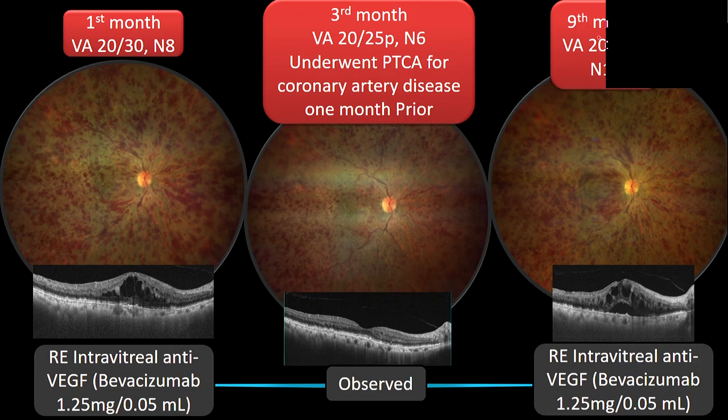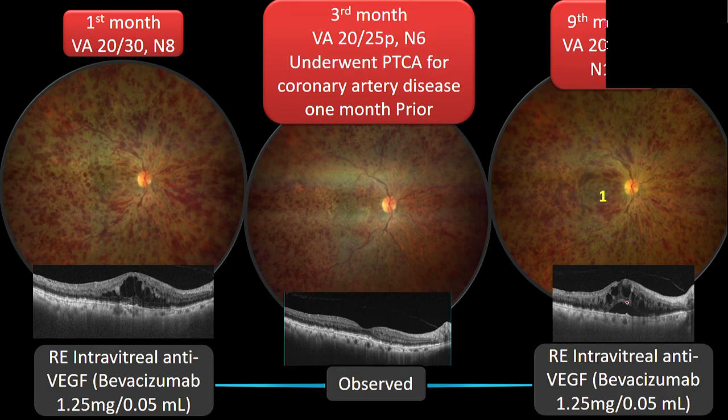at the 9th month follow-up, the visual acuity, which was maintaining somewhere close to 20 by 25, had dropped to 20 by 100. Another thing I'd like to draw your attention to is that the superficial hemorrhages that were resolving before have now come back, and the macular edema had also come back.